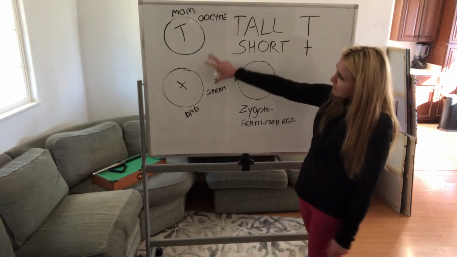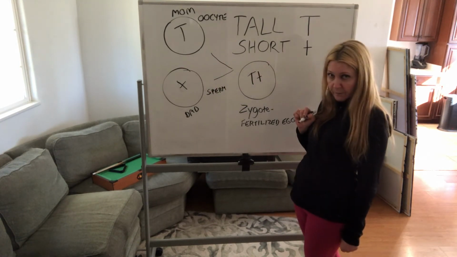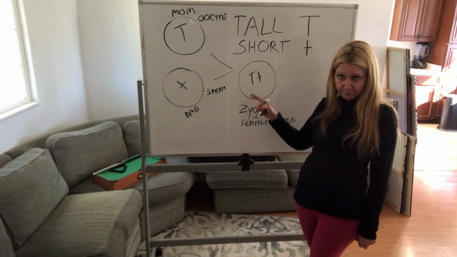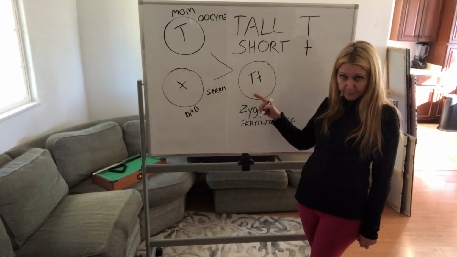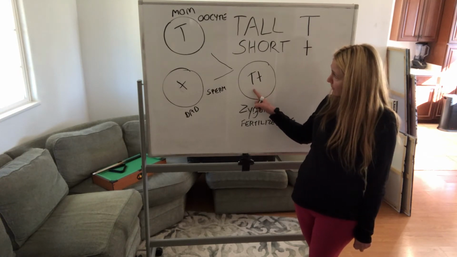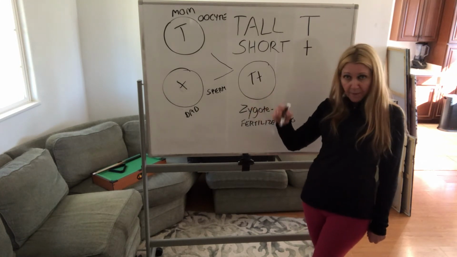So when they come together, this big T and this little t, the offspring has one of each. So this is why you have two versions of genes.